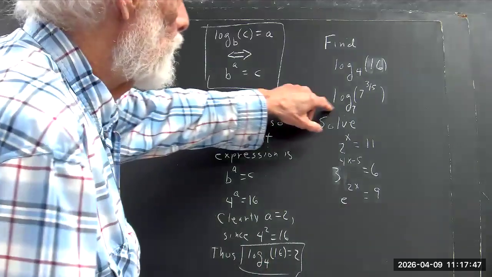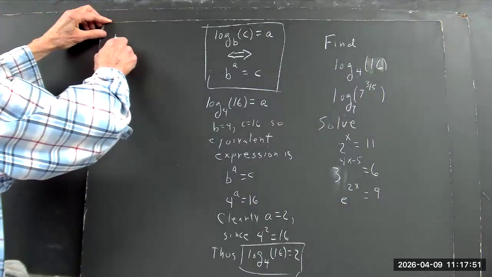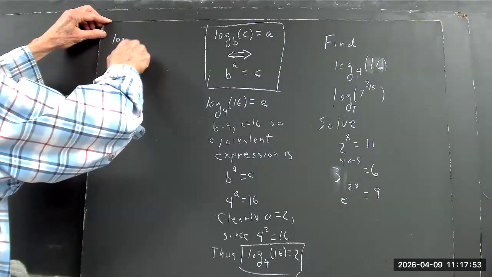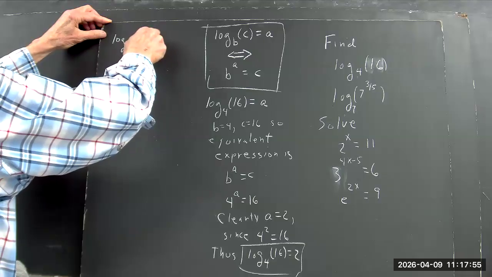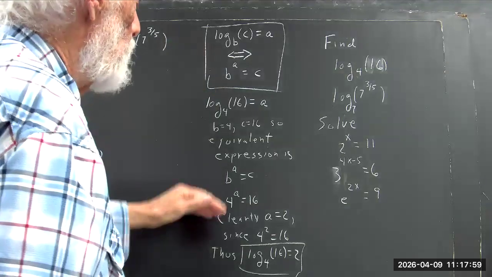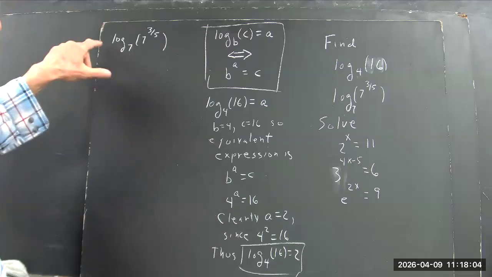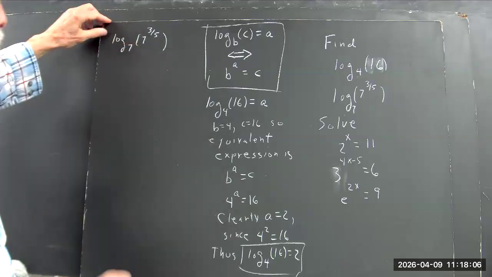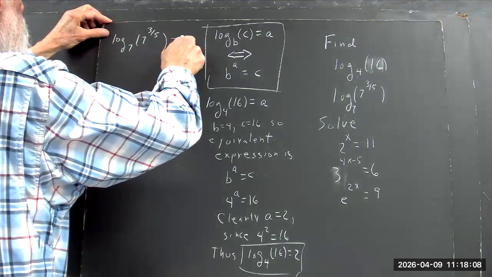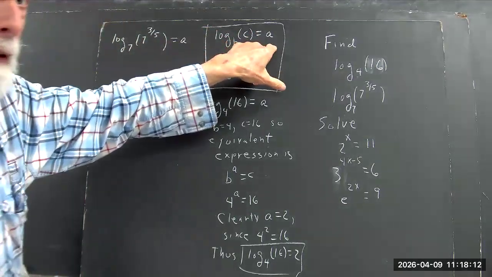If we look at log base 7 of 7 to the 3/5, we don't necessarily want to go through all this identifying a and b, but we could. We could write log base 7 of 7 to the 3/5 equals, we'll call it a, because that agrees with the form that I've got here.